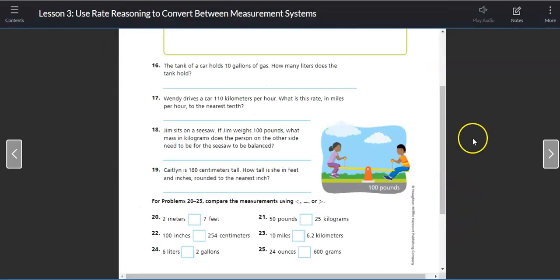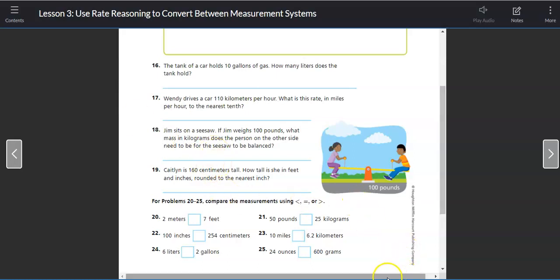Okay, we're on number 20. So what it wants us to do from 20 to 25 is compare the measurements using less than, equal to, or greater than. So we need to think, are 2 meters greater than, equal to, or less than 7 feet? So we need to change either 2 meters into feet or 7 feet into meters.